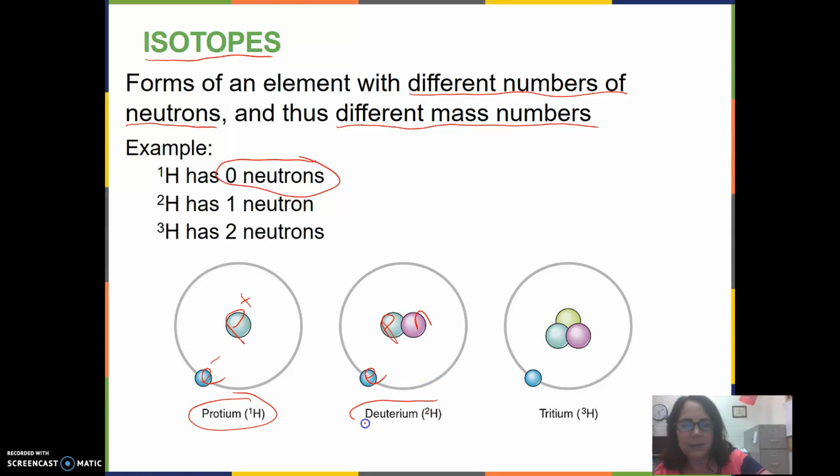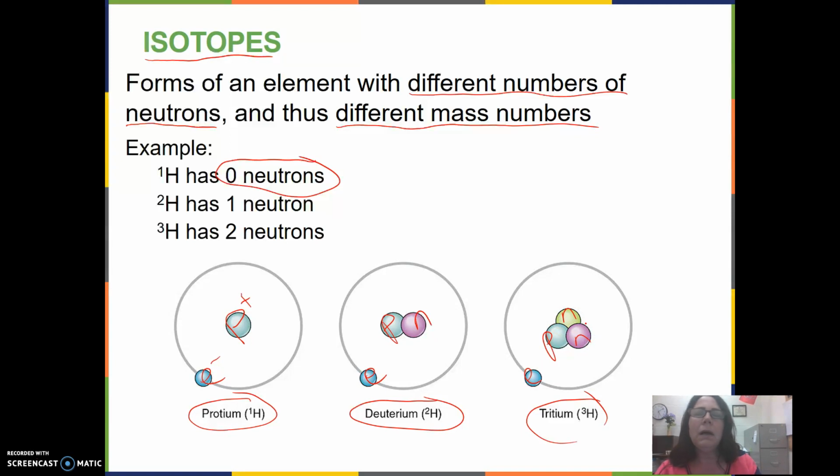The other isotope is called deuterium, and it contains a proton and a neutron in the nucleus and 1 electron. And then tritium contains 1 proton, 1 electron, and then 2 neutrons.